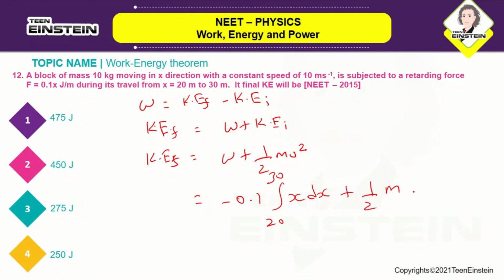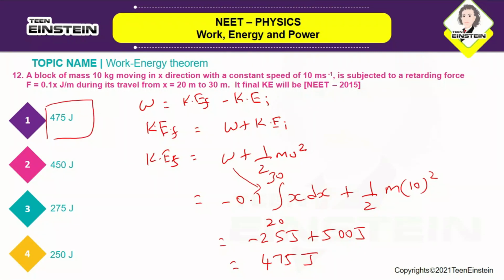Here the velocity is given as 10, so 10 the whole square. This is for W, where the force is 0.1 x, and x into dx is the displacement. If you solve this, you will get minus 25 joule plus 500 joule, which gives 475 joule. So the correct answer is option number 1. The final kinetic energy is 475 joules.